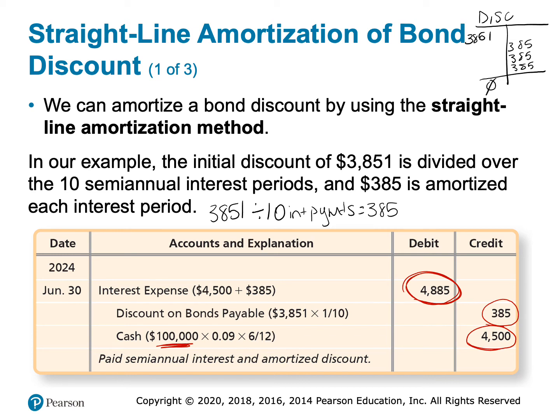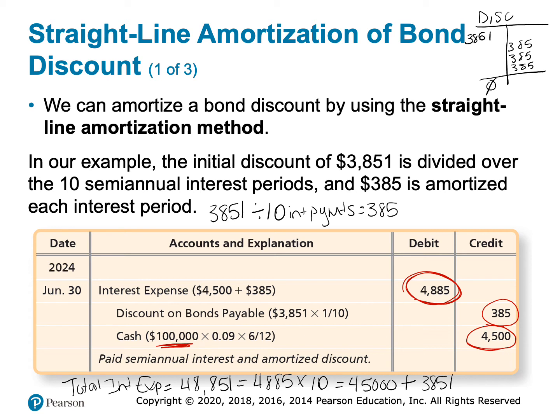So in that case, the total amount of interest expense will be $48,851. You could have calculated that one of two ways. We could have said the interest expense of 4,885 times 10, or we could have said the total interest of 45,000 plus the discount of 3,851 is how we're going to get the 48,851.